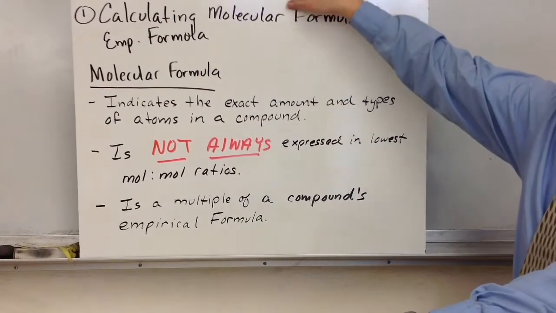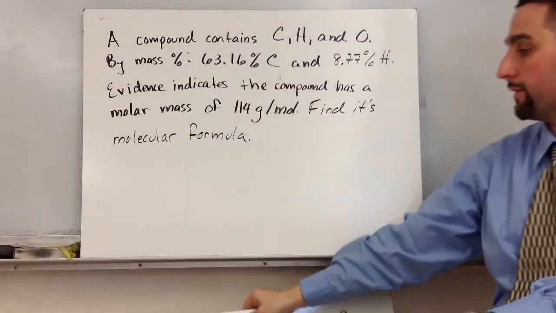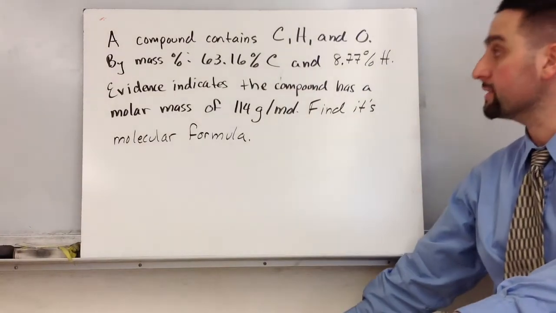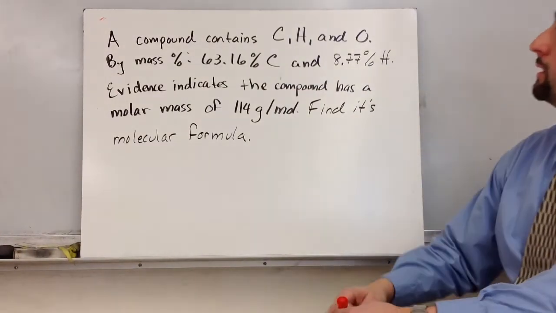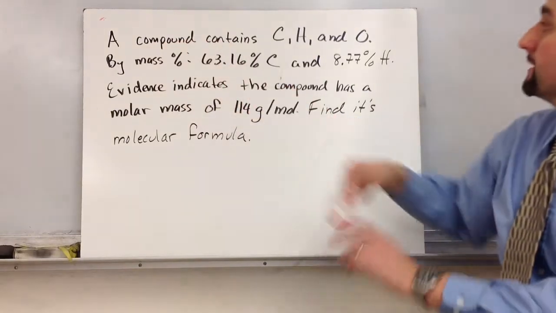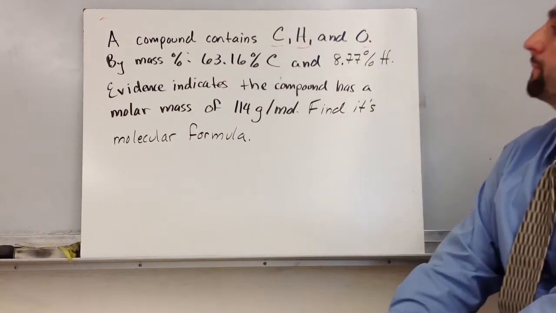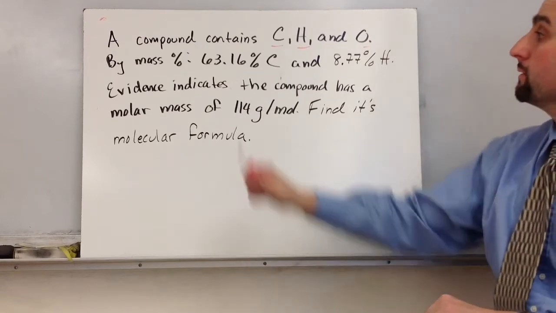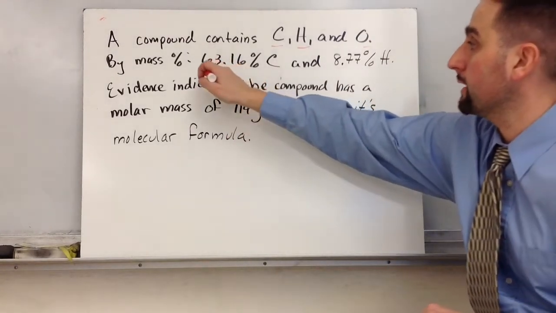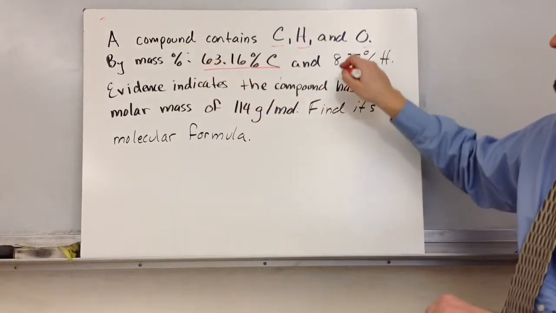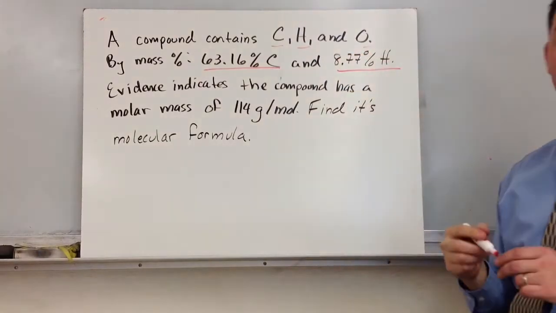So, sample problem here, we're going to work through together. I'm going to read this if you can't read my handwriting. We have a compound that contains carbon, hydrogen, and oxygen. Three elements. Here's our carbon's percentage and our hydrogen's percentage.